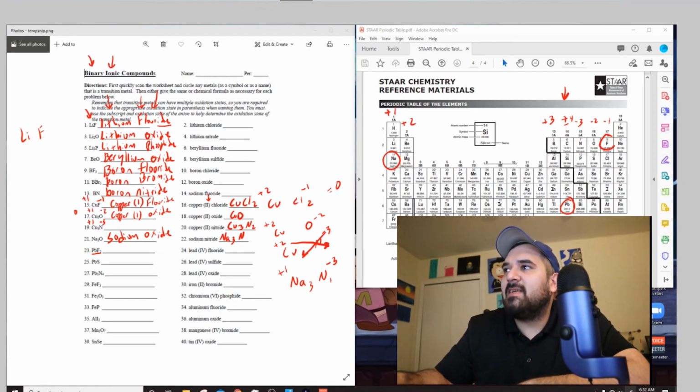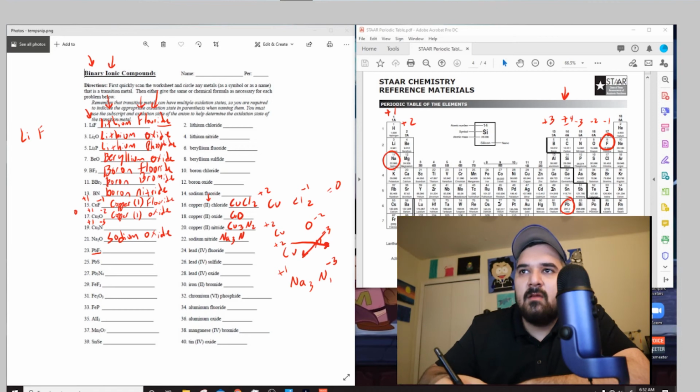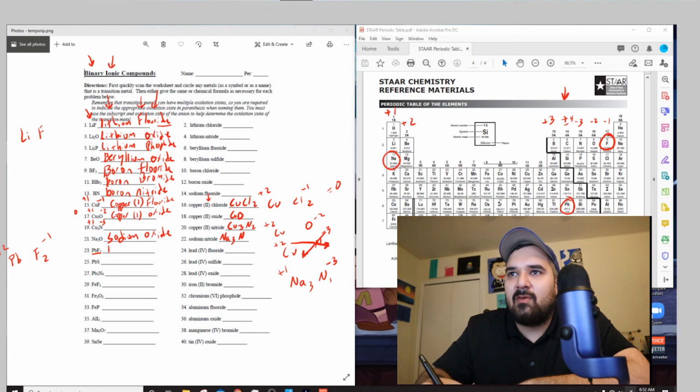Fluorines have a charge of -1. So let's start with that. So fluorine is -1, and we have 2 fluorines, which means we have a total negative charge of -2. Which means our lead, our Pb has to be 2. So Pb has to have a charge of +2, which means we're going to write lead 2 fluoride.